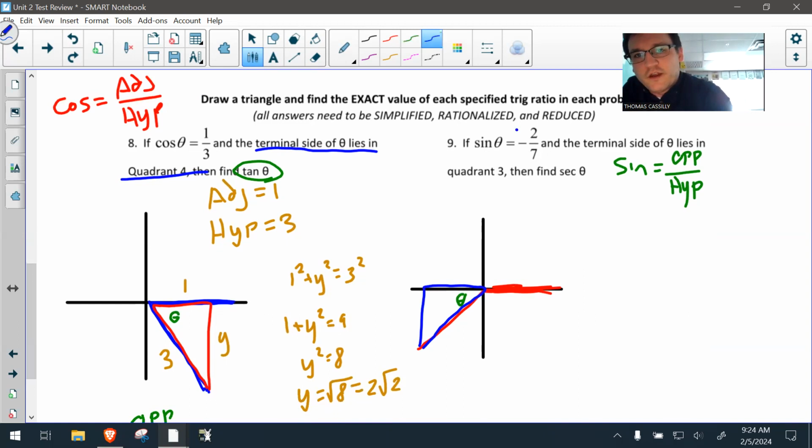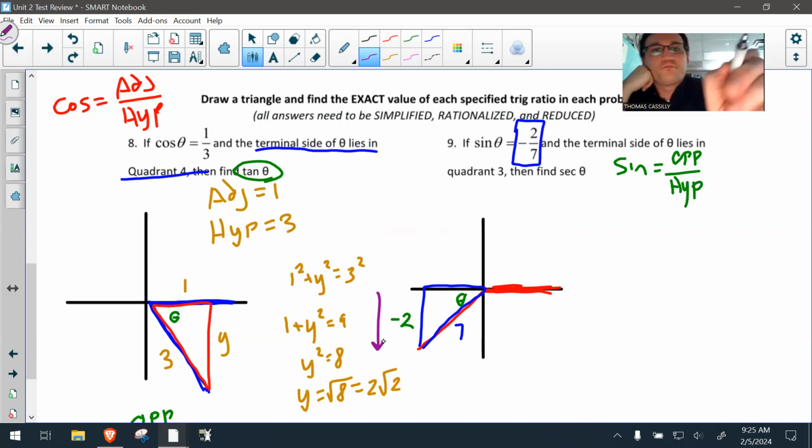So this sine of theta is -2/7. Well, the 7 has to be the hypotenuse, the positive number. And the negative sign has to go somewhere, so the opposite is going to be the negative. If you think about where that is on a graph, that should make sense, right? It's going down 2 spaces, so it has to be a -2.